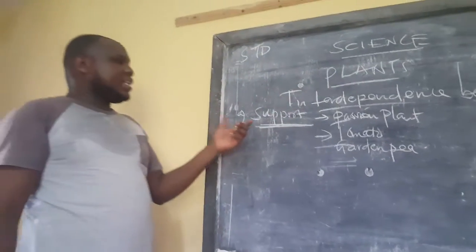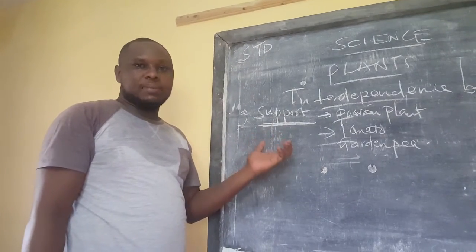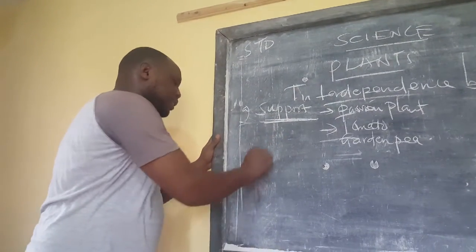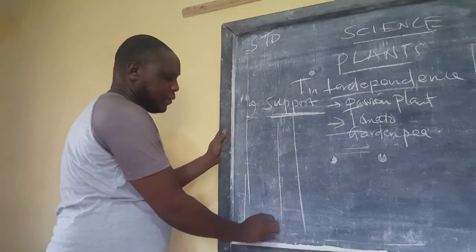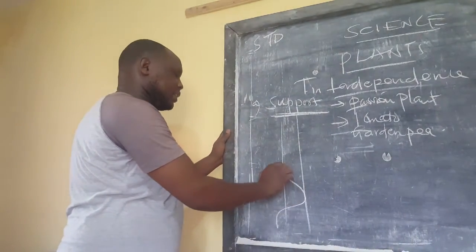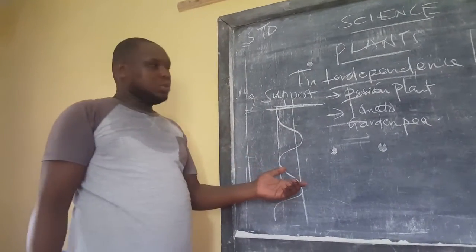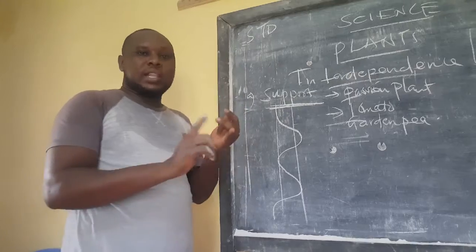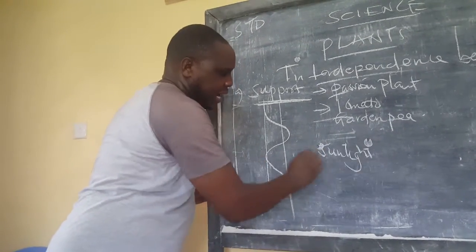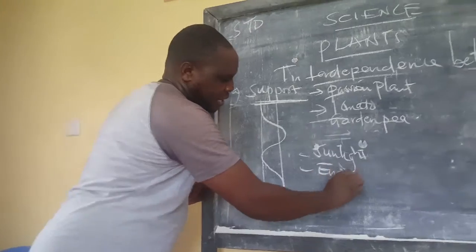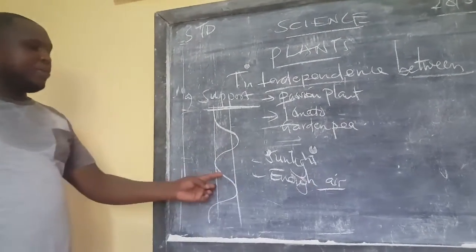Now you realize that there are some plants which have very weak stems. Like for example, take the passion fruit. We realize that our passion fruit grows on another plant like this. For it to be able to rise and acquire things like sunlight and enough air, they need to climb on other plants.